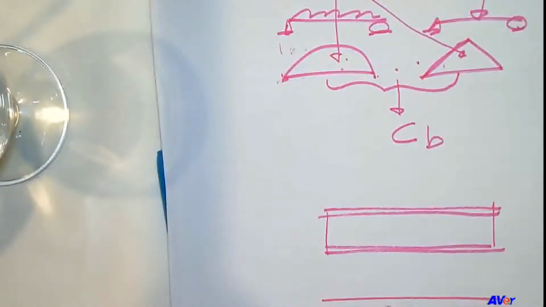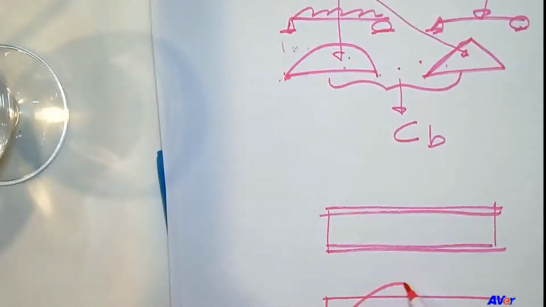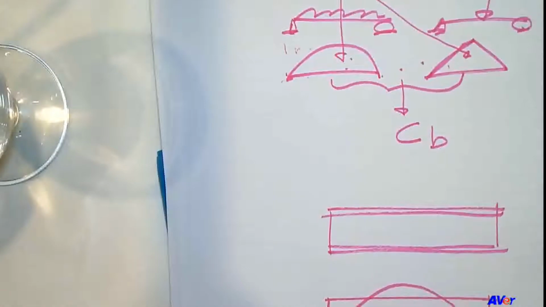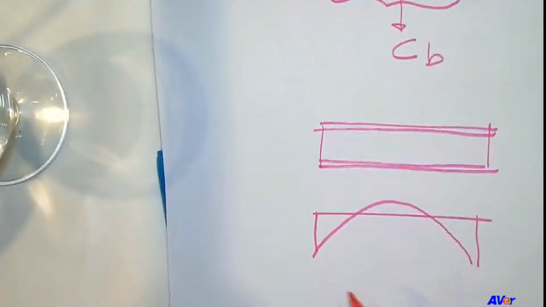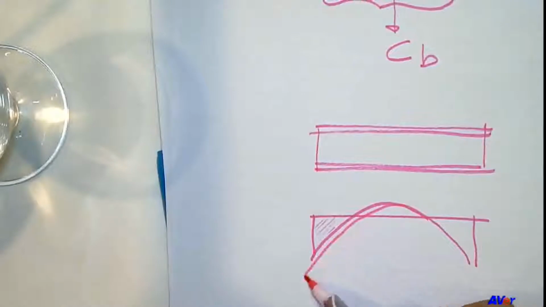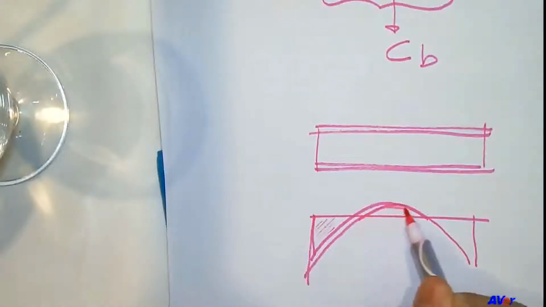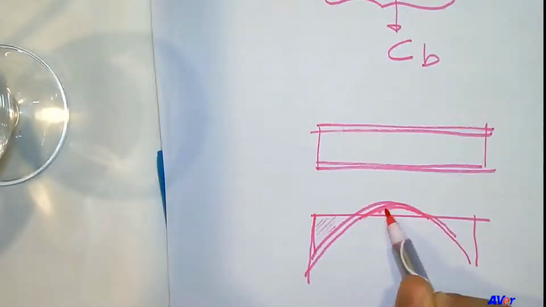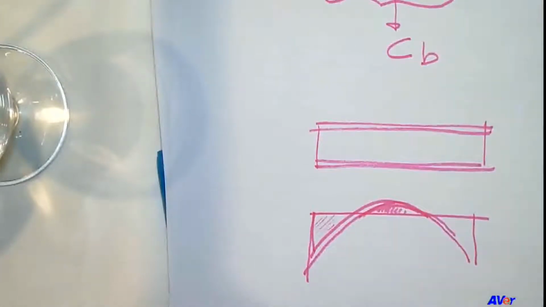So your moment diagram looks like this. It's a negative moment here, right? Say you have negative moment here, and it's so large maybe. Whoa, like that. Somehow, you have only a small positive moment here. You have a lot of negative moment here.